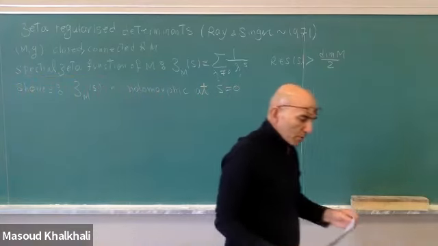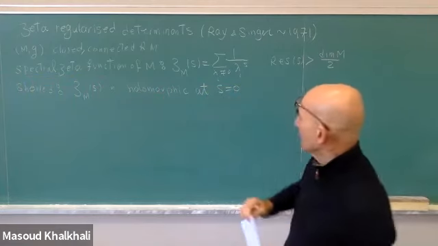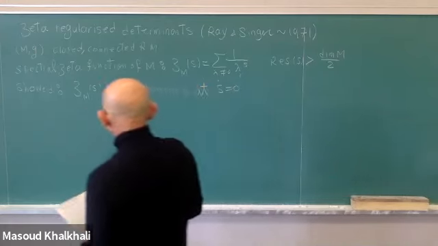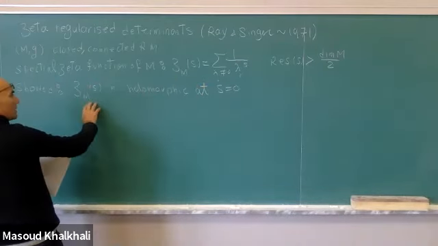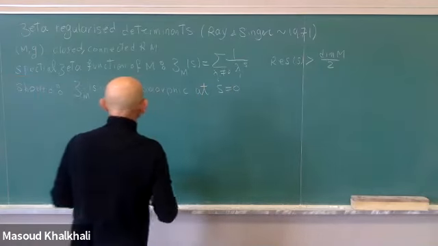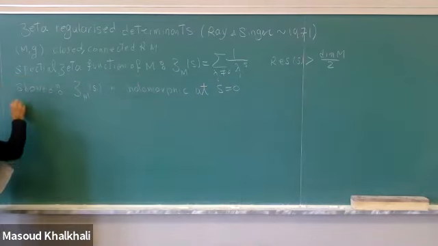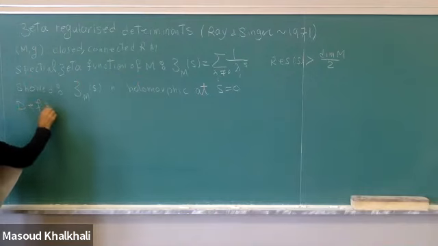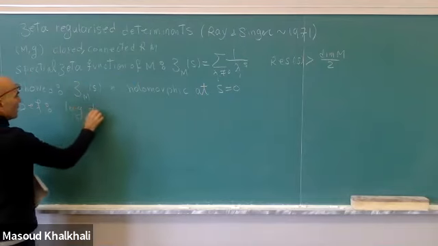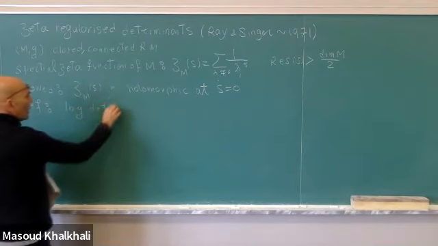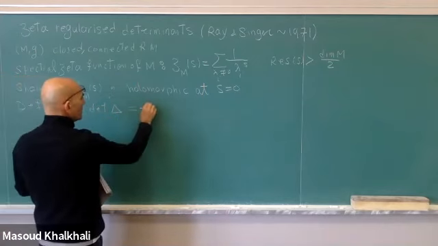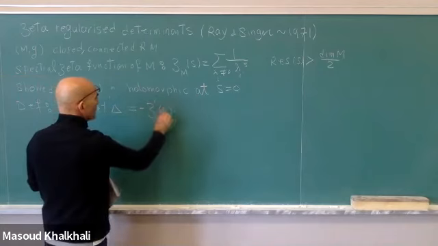Okay. So now today we are going to use, as Ray and Singer did, this holomorphicity, regularity at s equal to 0, to define a quantity which is called the determinant of the Laplacian. So definition. Let us define log det prime of the Laplacian by minus zeta prime at 0.